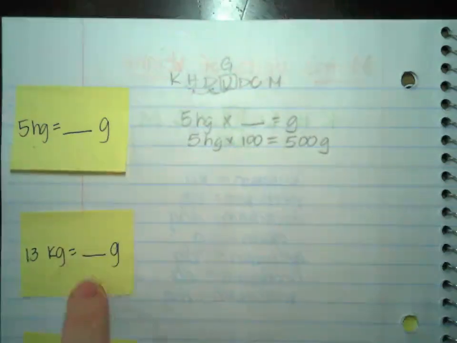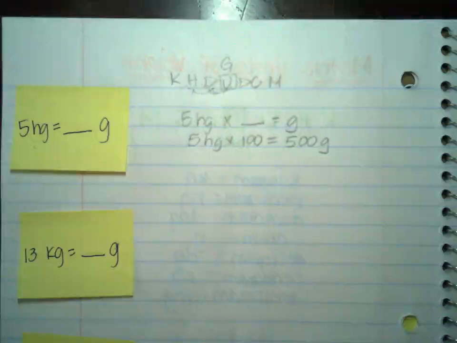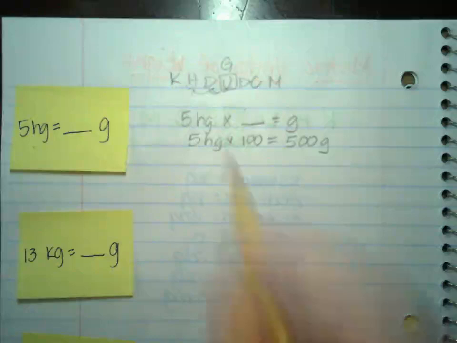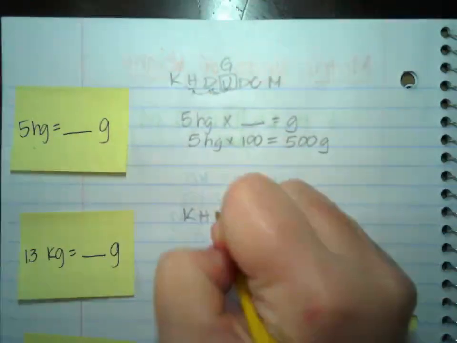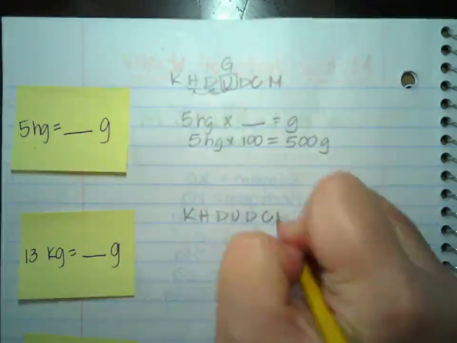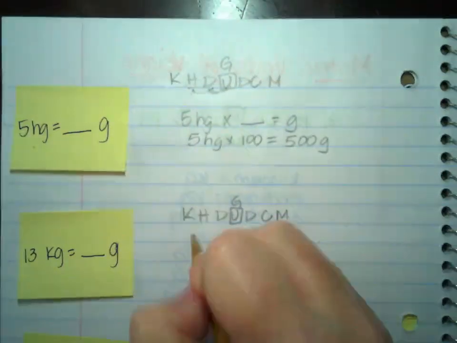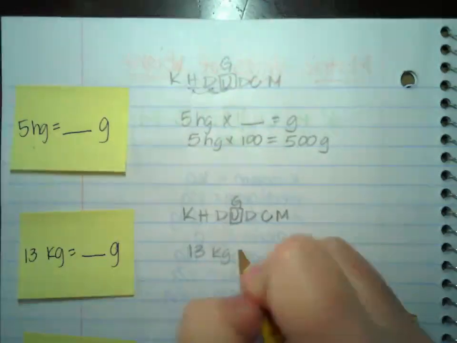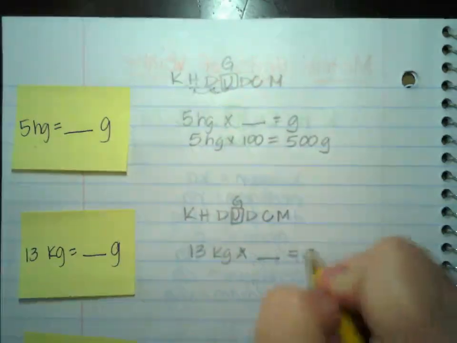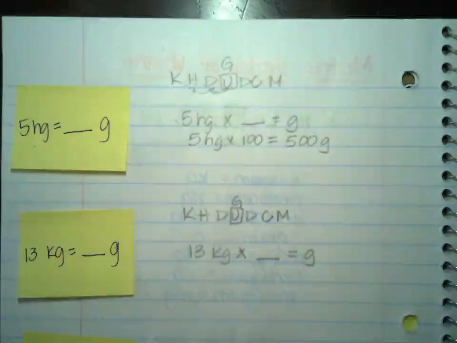Okay, you do this one on your own. Go ahead. Think through your head. What is step 1? Write down your acronym. Step 2, write your equation. Step 3, figure out what you're multiplying by.